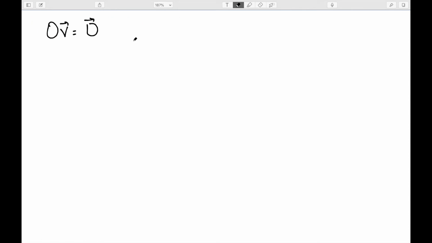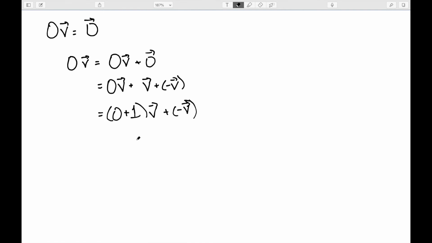The first: a scalar 0 times any vector results in the 0 vector. In order to show this, we know that 0 times the vector v is equal to 0 times that vector v plus the 0 vector. Next, we know that v plus negative v is equal to the 0 vector, so I'm going to replace 0 by v plus negative v. Next, I'm going to factor out a v from the first two.